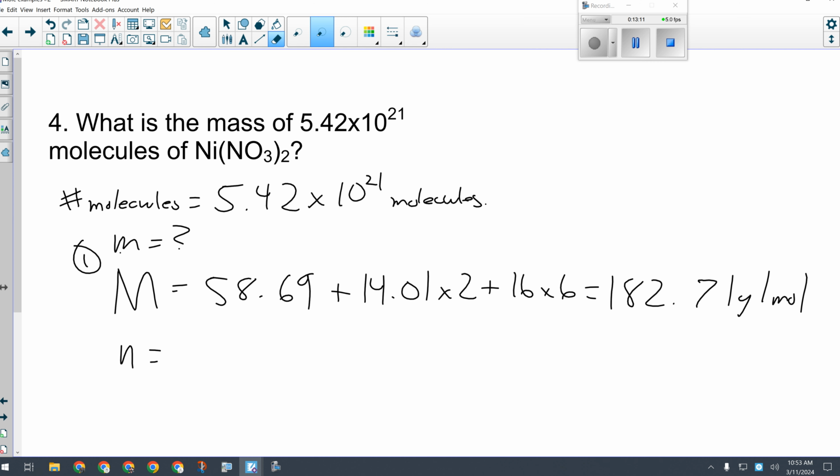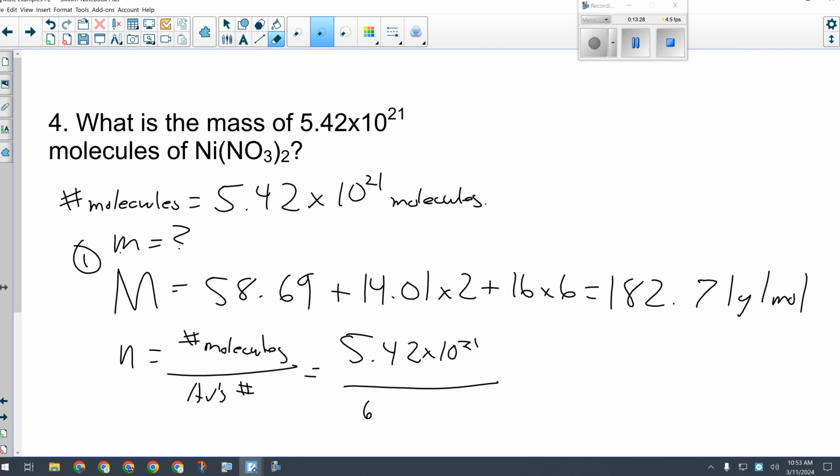So N is going to be the number of molecules divided by Avogadro's number. So that's going to be 5.42 times 10 to the 21 molecules divided by 6.02 times 10 to the 23 molecules per mole.